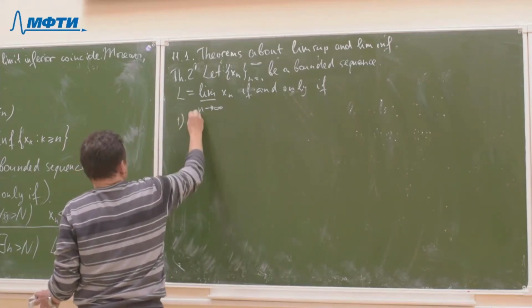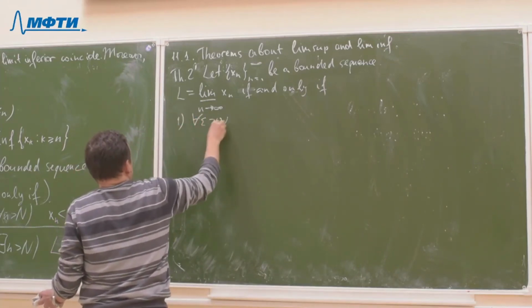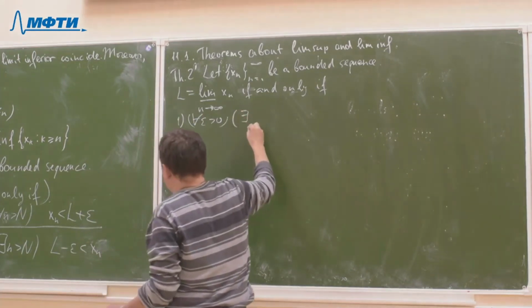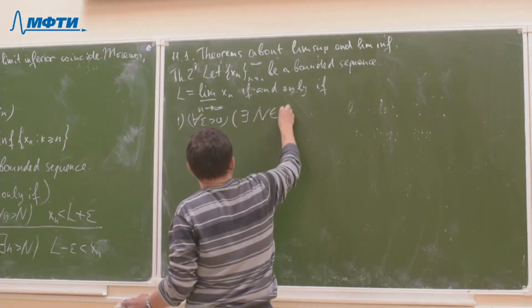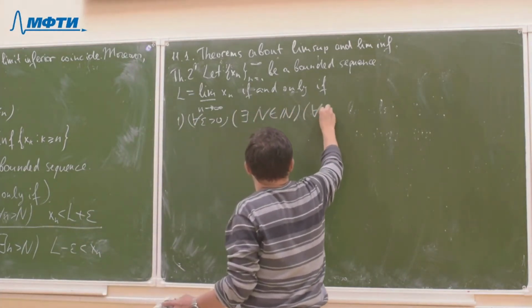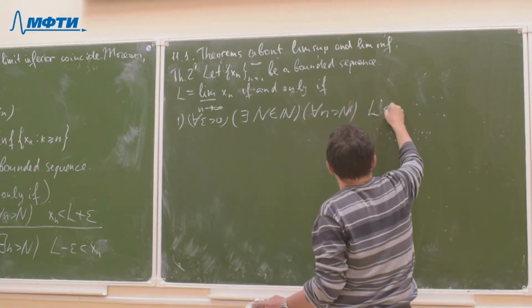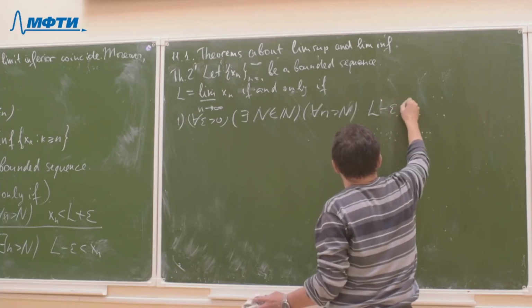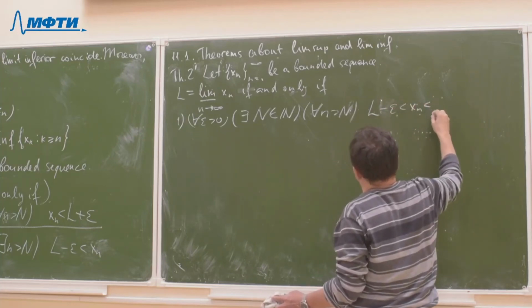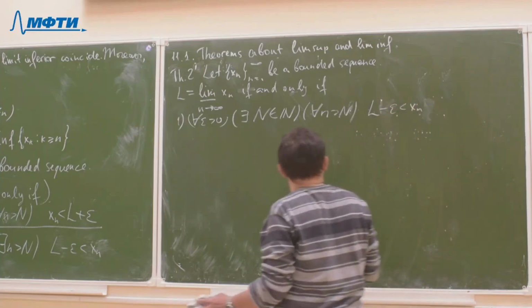First, for arbitrary epsilon greater than 0, there exists N natural such that for all n greater than N, L minus epsilon is less than x_n, nothing else.